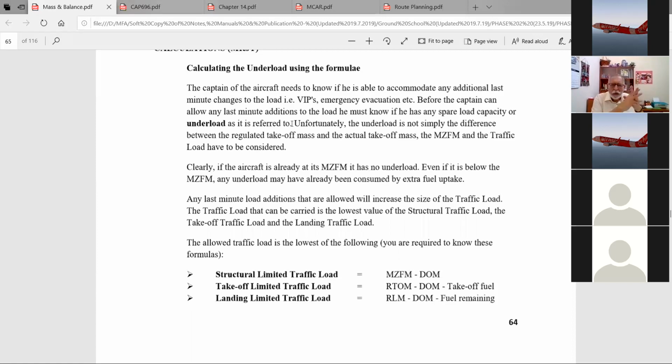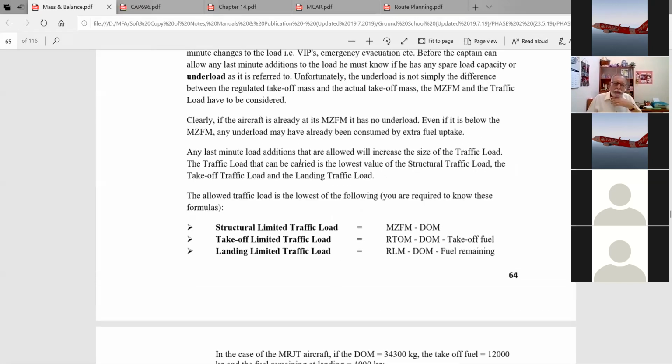And it is not just a question of simply having the difference between regulated takeoff mass and actual takeoff mass. Very important, the maximum zero fuel mass and traffic load have to be considered. So underline that in order to calculate underload, the captain has to take into consideration maximum zero fuel mass and traffic load must be considered.